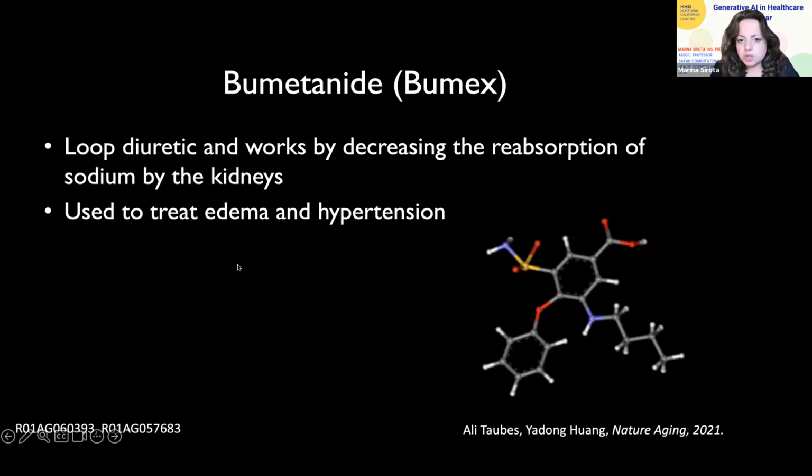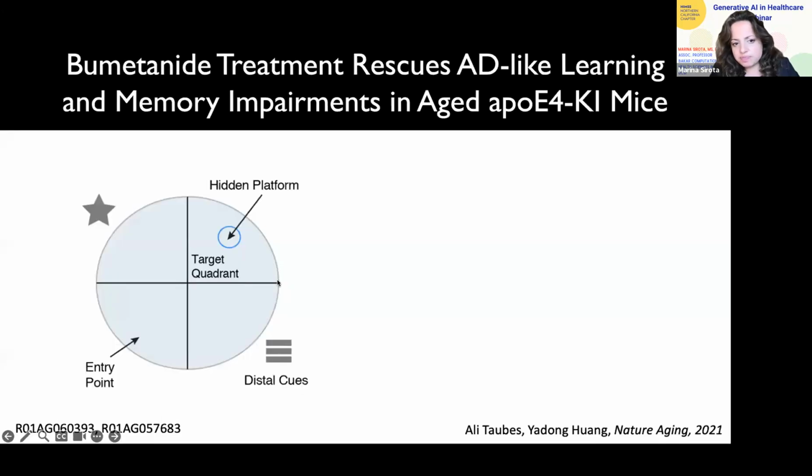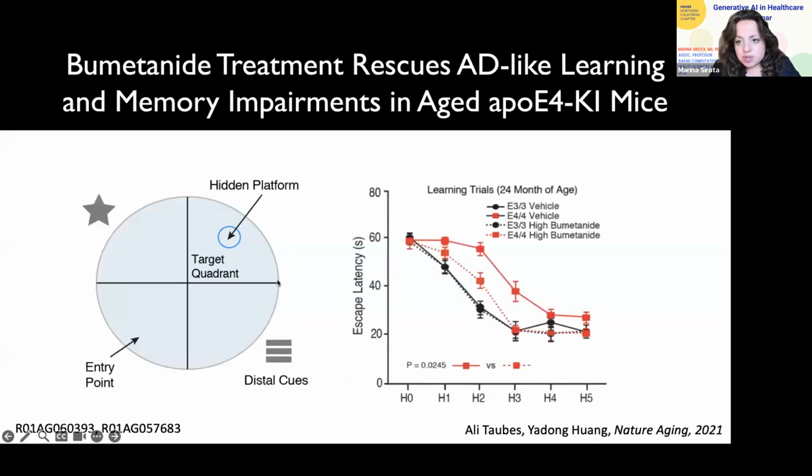Bumetanide is a loop diuretic that works by decreasing the reabsorption of sodium by the kidneys, and it's used to treat edema and hypertension. There were a number of animal studies carried out to help validate this finding. This is a test called a memory impairment test, a water maze, where an animal who has a memory impairment is placed in a water bath, and the animals, as I understand, do not like to be in water, but there's a hidden platform that allows them to escape.